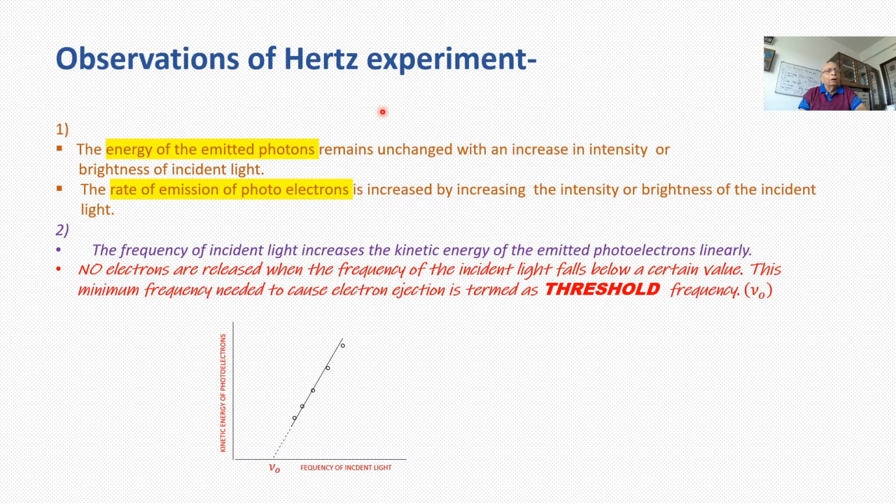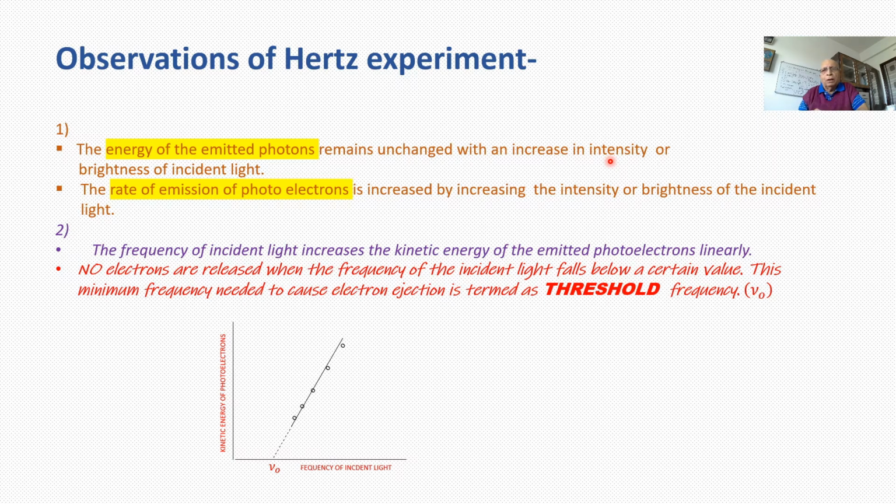Observation. Now, usually, when an experiment is performed, we note down the observations. Now, there are very simple observations about the photoelectric effect. The energy of emitted photoelectrons remains unchanged with an increase in intensity of incident light.